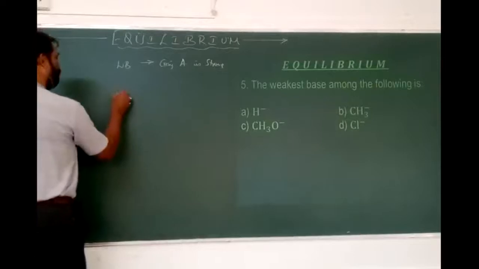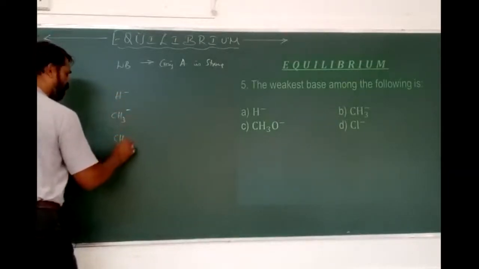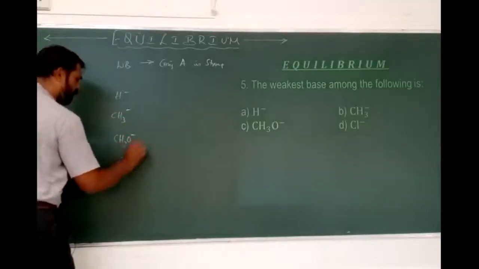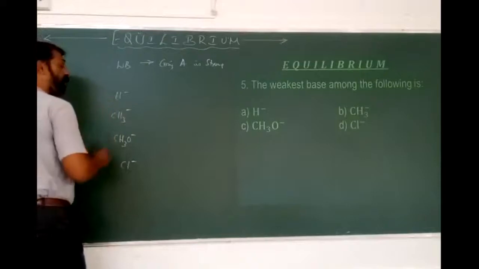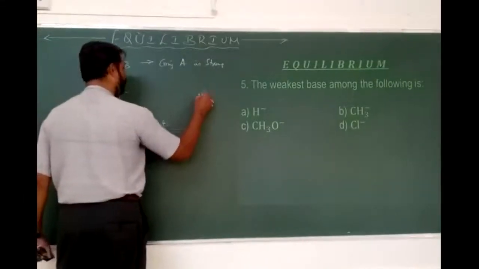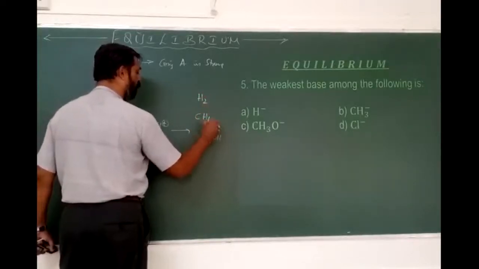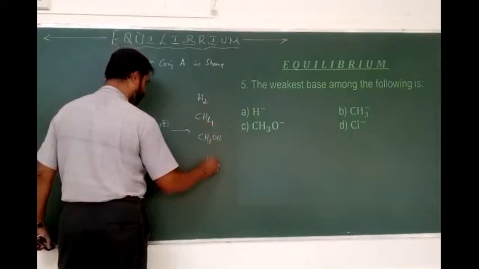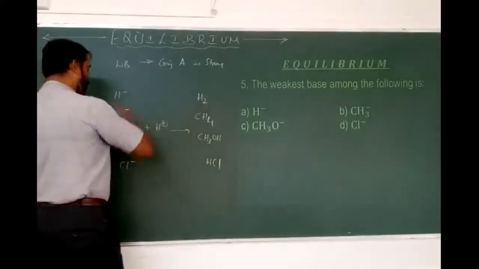For example, H minus, CH3 minus, CH3O minus and Cl minus. These are the bases. How do they get converted to conjugate acids? By addition of a proton, it becomes H2, here CH4, here methyl alcohol and here HCl.